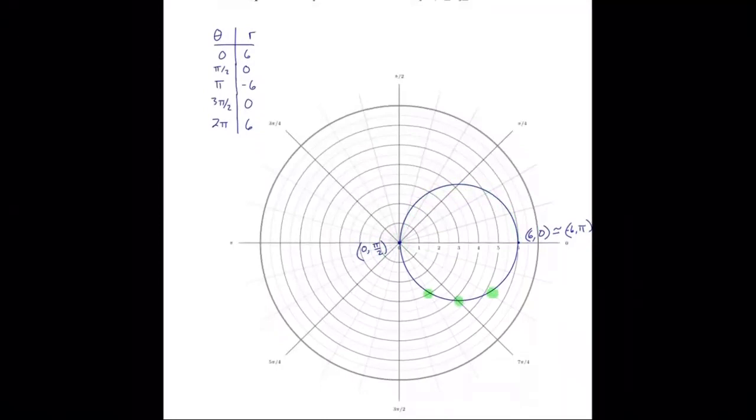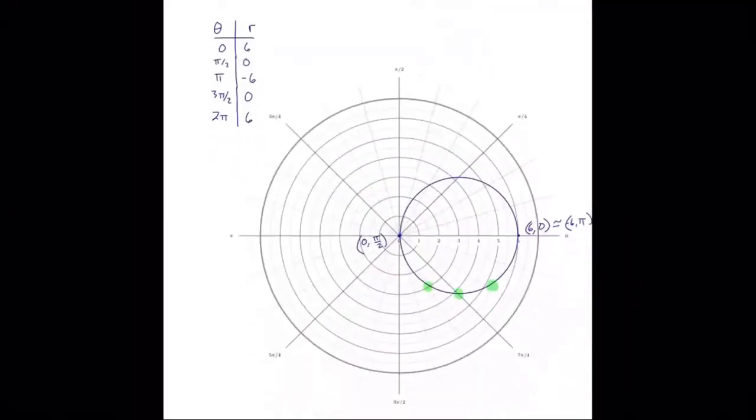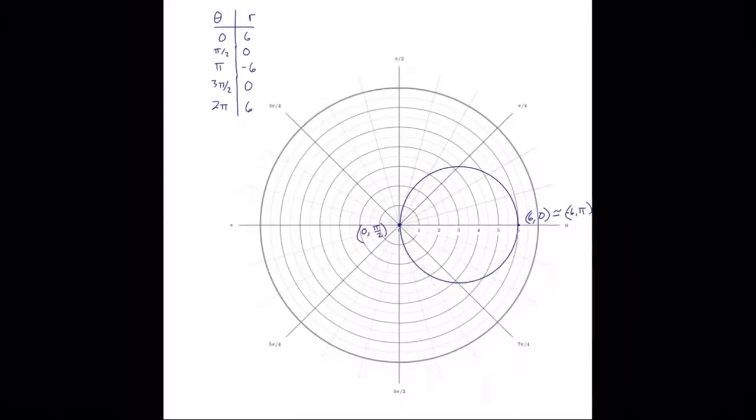And the reason that they're there is because when we sweep through the second quadrant, cosine's negative. So it's reflecting all three of the points that you would have had up here down here. So you'll note that by the time we get to pi, from 0 to pi, we've formed the circle fully. That's the case.